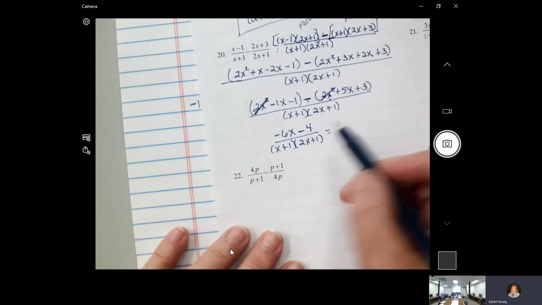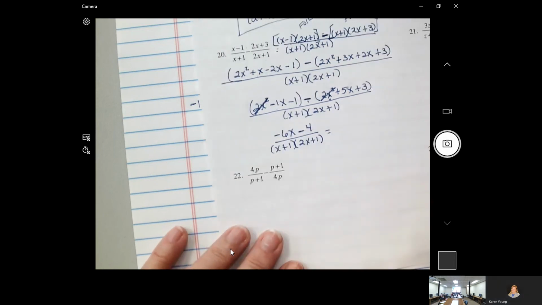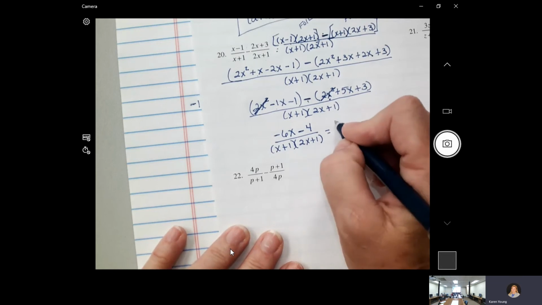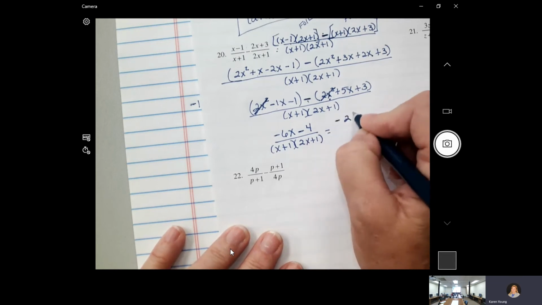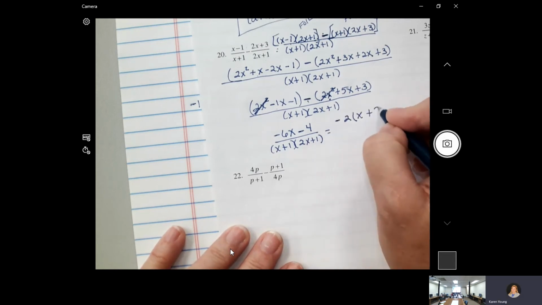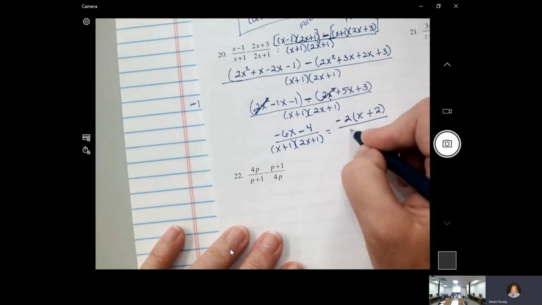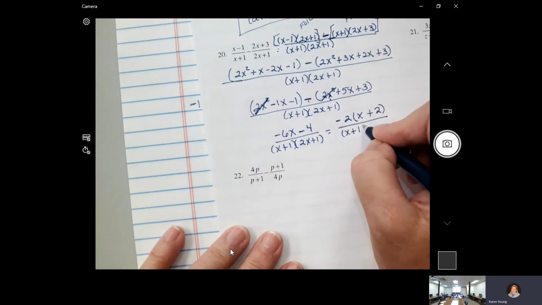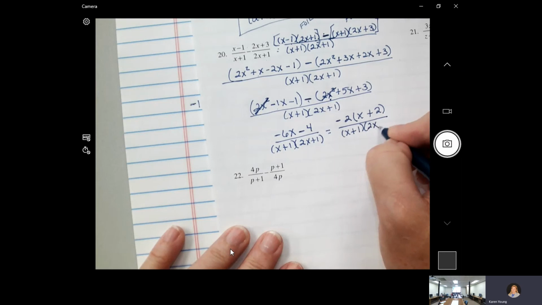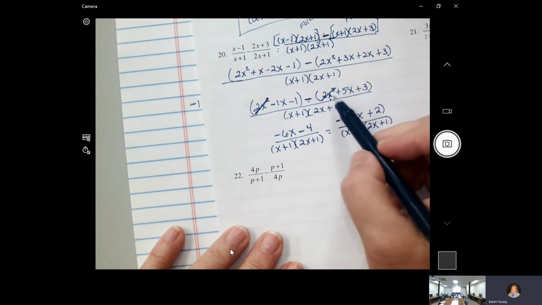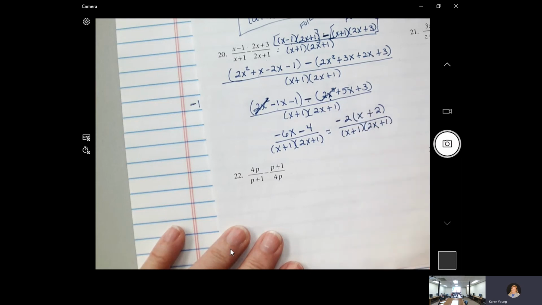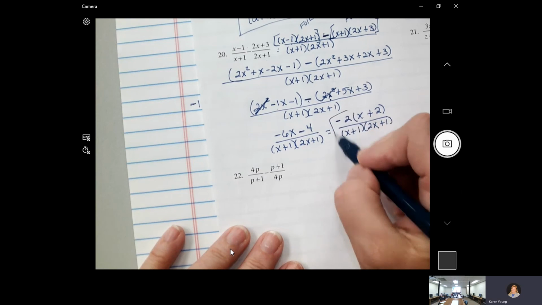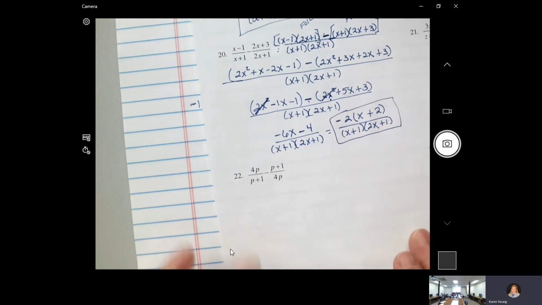All right. Oh, I can factor a negative 2 out of this, and I'm left with x plus 2. So if you want to redistribute to each term on the top. So that's a negative already on the top. And so this would be my final answer.